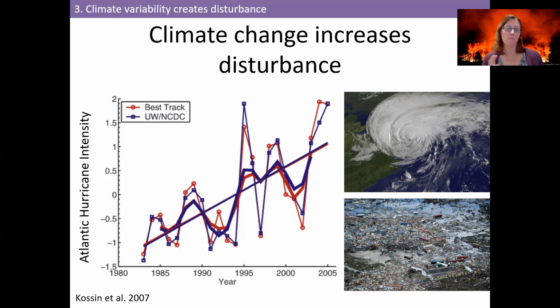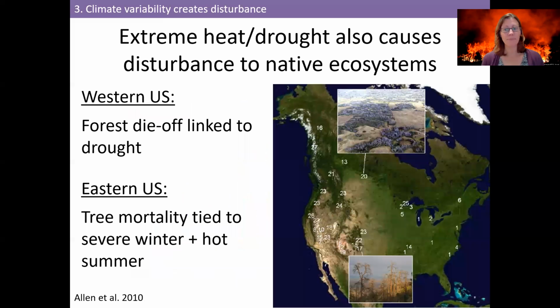And so the combination of both of those essentially creates a disturbance in an ecosystem, not necessarily because a hurricane has leveled the area, but if you have extreme drought stress, extreme heat stress, those can destroy native plants, so knock back native plants, and that effectively creates a disturbance within your ecosystem.